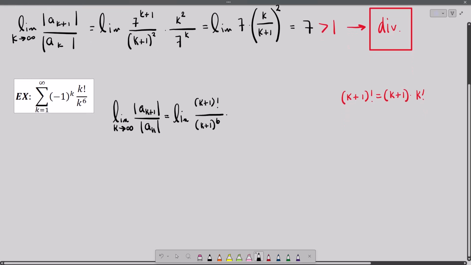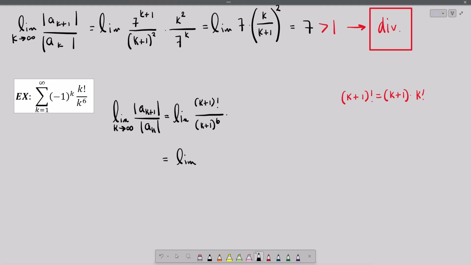So yes, I've heard a couple of people say the right thing. When you form your limit, you've got that. The k factorial will cancel into this k plus 1 factorial, leaving just k plus 1. So that's k plus 1.